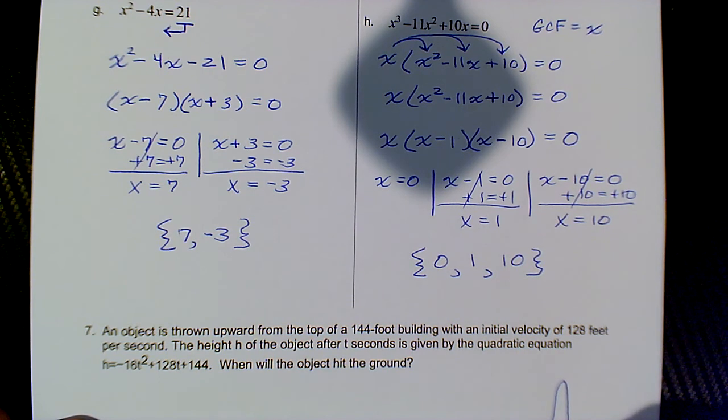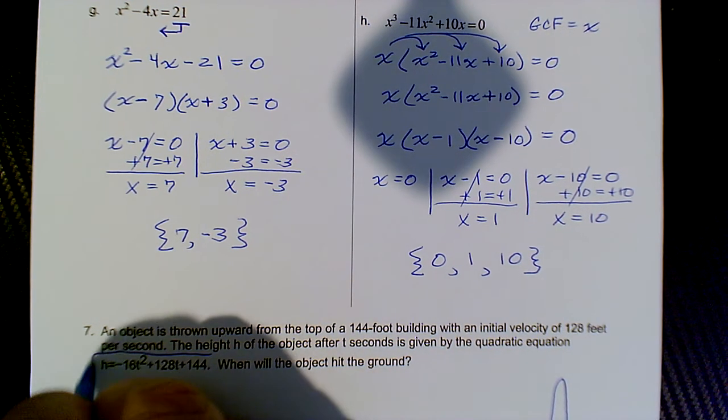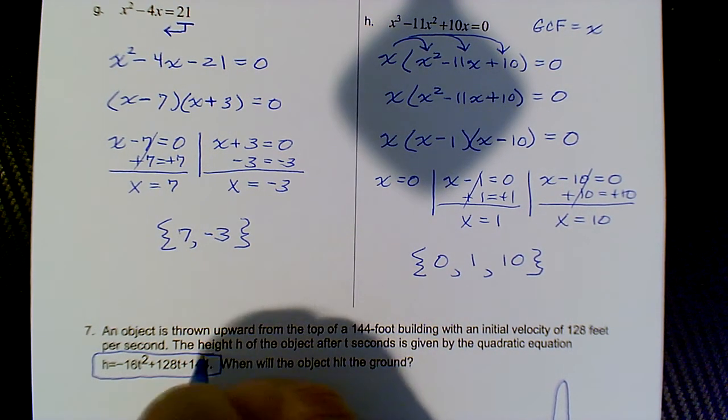Now, the idea is that this building is 144 feet tall, but when it hits the ground, the height is 0. And notice how this given equation is the equation for the height.